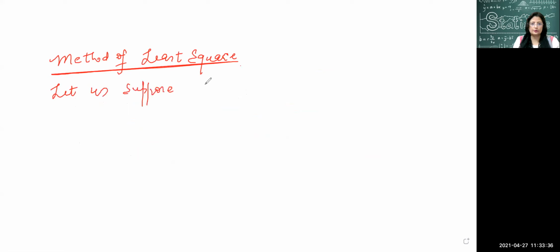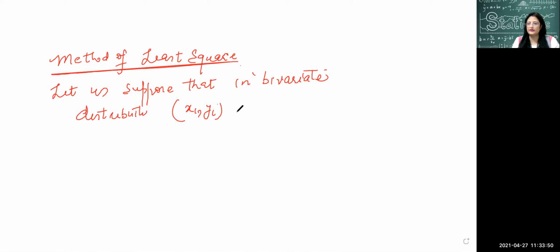Let us suppose that in the bivariate distribution, bivariate distribution means we have the two variables xi and yi, having the values I running from 1 to n, and yi also running from 1 to n.